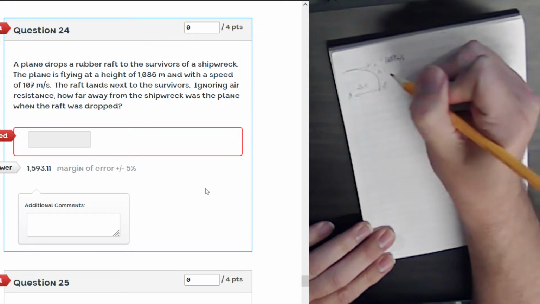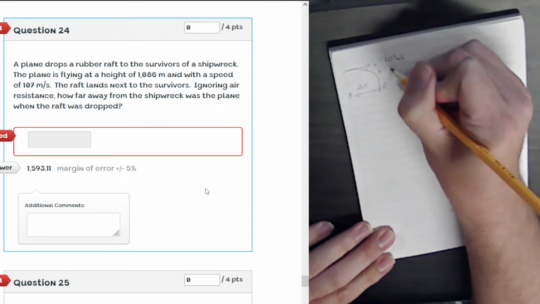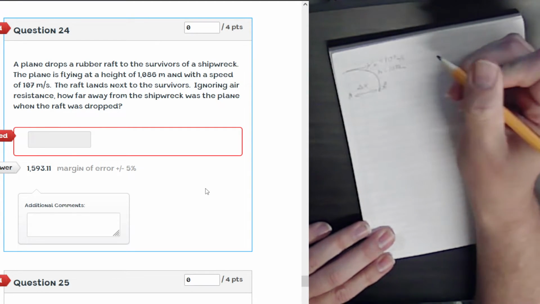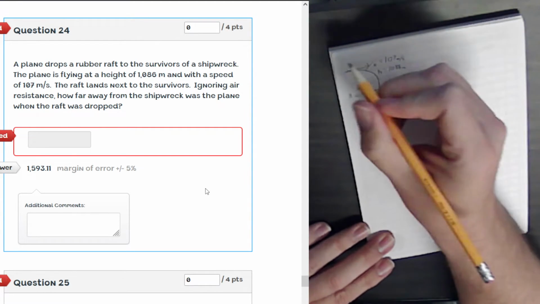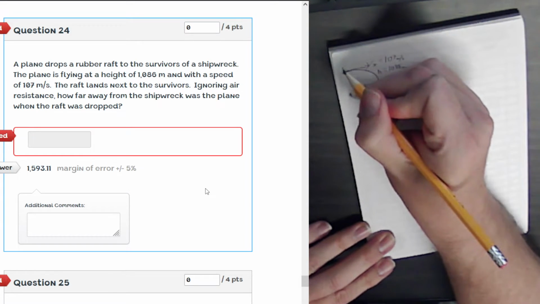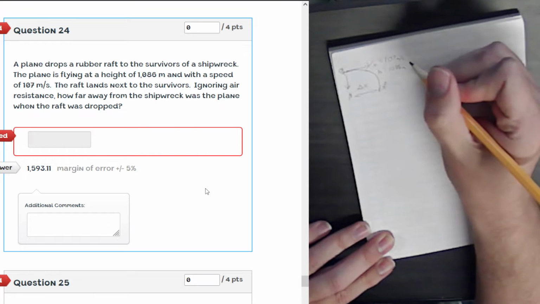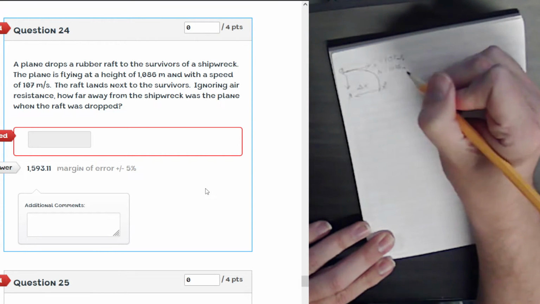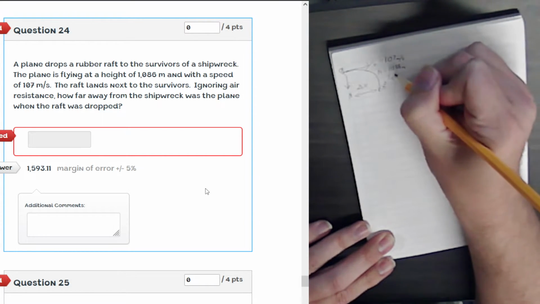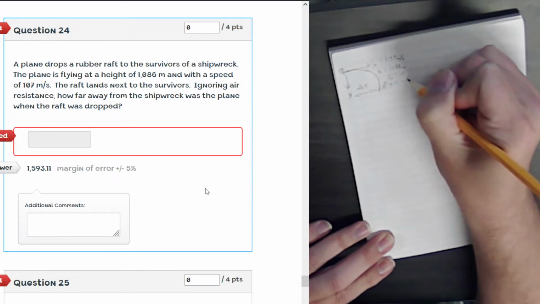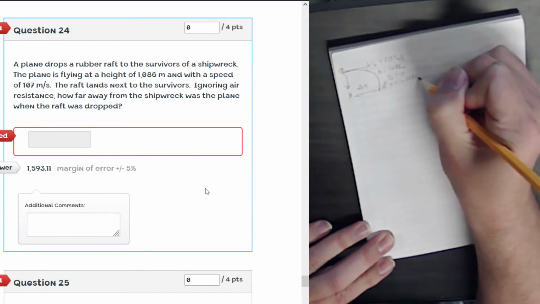So I could say the height is 1086 meters. So if we put our origin here, it will fall down 1086 meters. So if we're going down negative, I could say that its initial position is 0, and it falls down to a final position of negative 1086 meters.